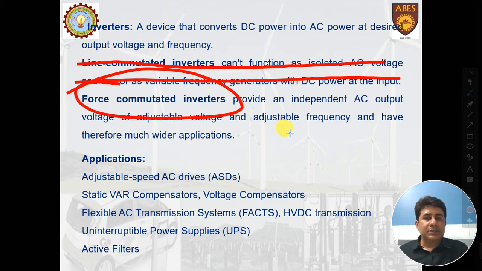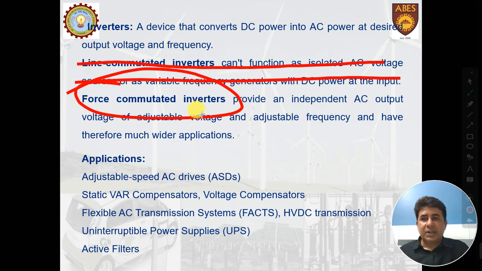The inverters which can provide you the AC output voltage which is adjustable, an inverter which provides you the voltage at adjustable frequency, that inverter I shall be discussing in this lecture.